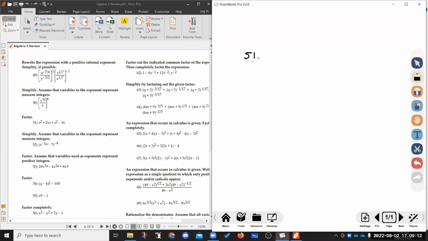So 51 tells us to factor r squared plus 2rs plus s squared minus 16.